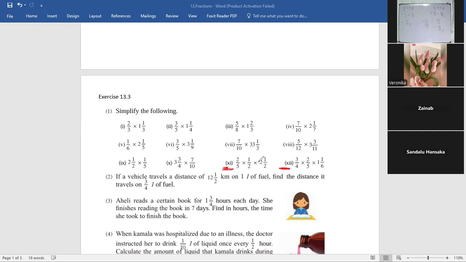So at the end you have two mixed numbers. So you have to convert them into improper fractions and do the simplification like we did last week and at the beginning of today's class. You have to convert the mixed number into an improper fraction. Then find, are there any numbers to simplify in the numerator and the denominator? Then get the final answer.